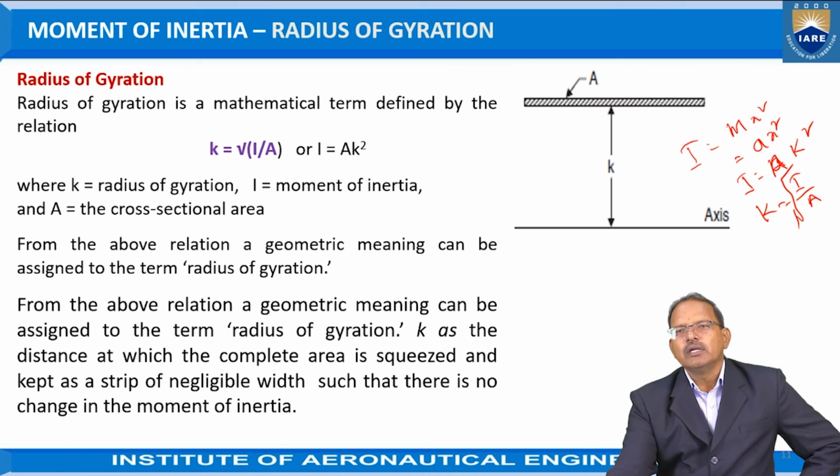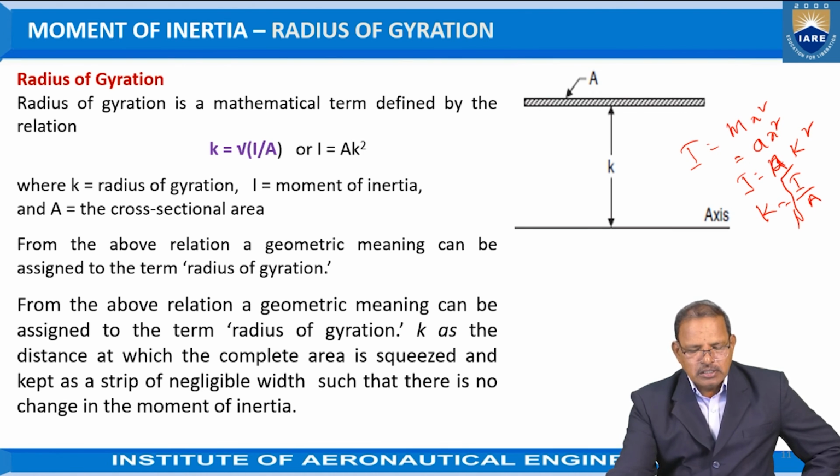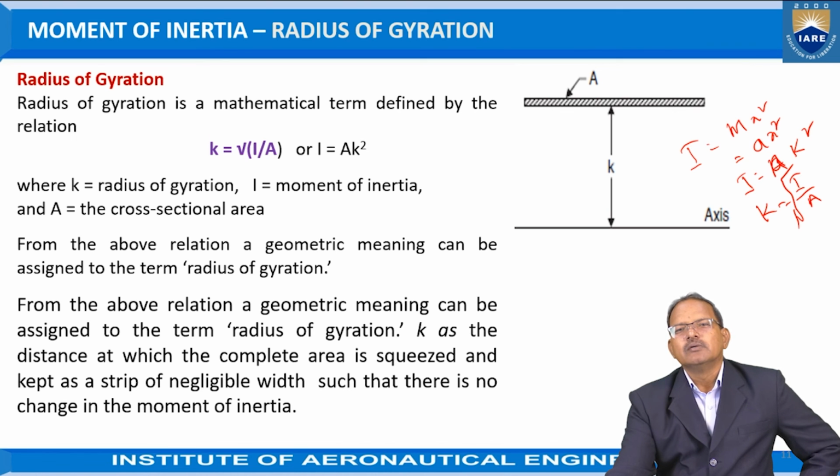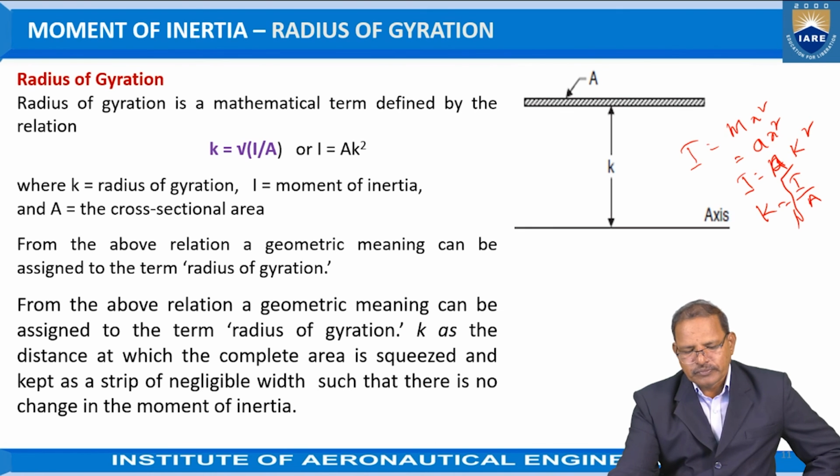Then, from the above relations, the term radius of gyration is represented as the distance between the reference line and the point at which that entire area is assumed to be concentrated. That is, the complete area is kept as a strip of negligible width, that is concentrated, such that there is no change in the moment of inertia.